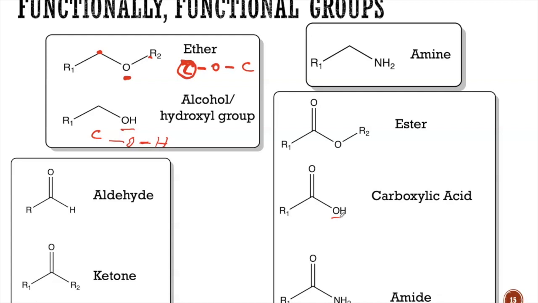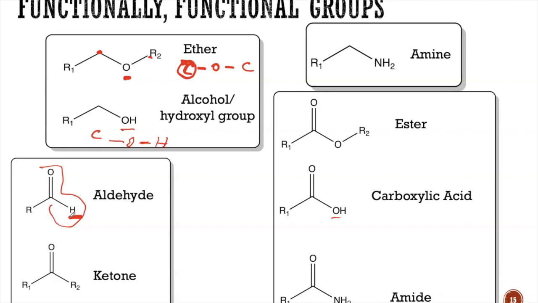Looking at our second box on the lower left, we have the aldehyde. The aldehyde is characterized by the characteristic C double bond O-H segment here. This typically occurs only at the terminal end of a chain, because there must be a hydrogen on the structure. It cannot have anything else but a hydrogen.